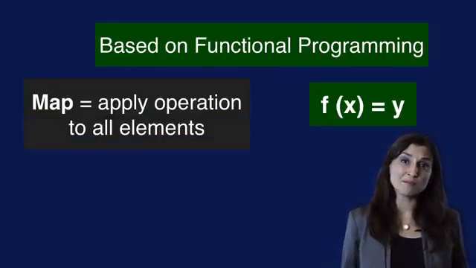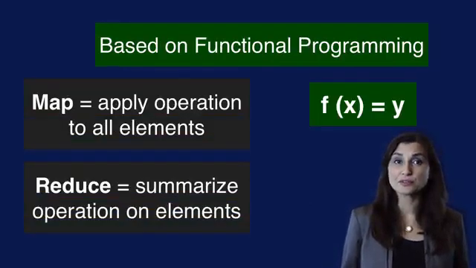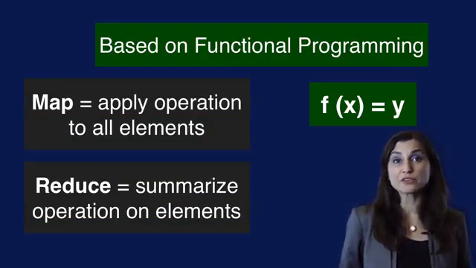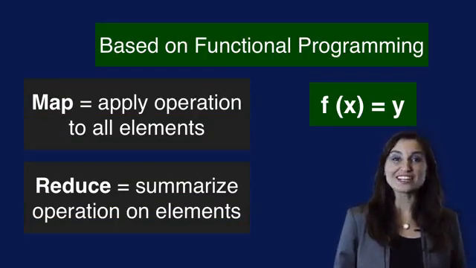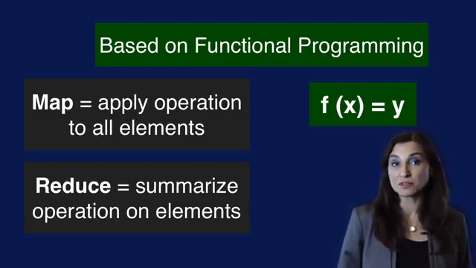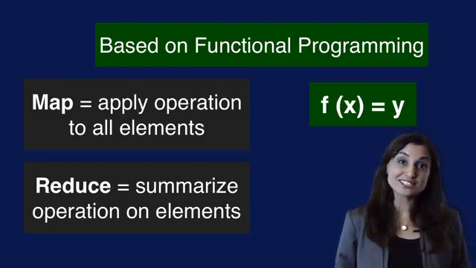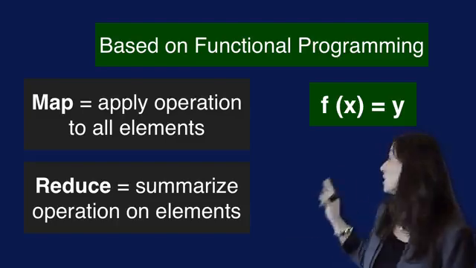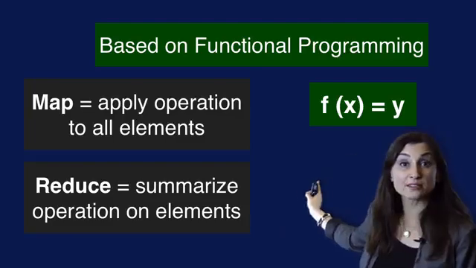So, what is a map and reduce? Map and reduce are two concepts based on functional programming, where the output of a function is based solely on the input. Just like in a mathematical function f of x equals y, y depends on x.